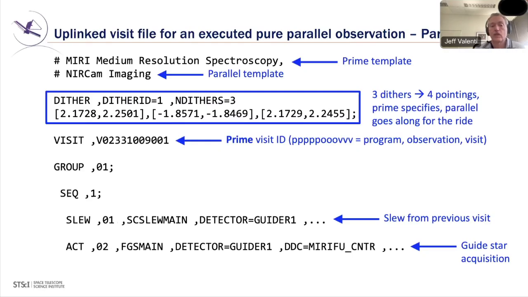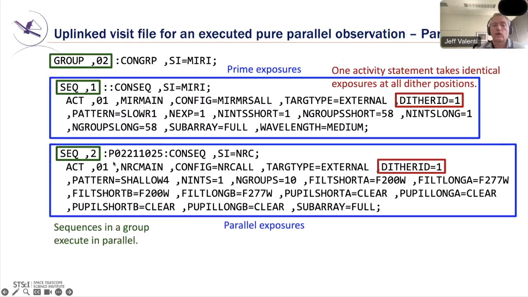All right. So here comes the fun part. Group 2, the main science instrument, the prime science instrument is MIRI. Sequence 1 is the specification of the MIRI prime observation. It says we're going to use MRS and the imager. We're going to use that dither pattern that we saw above, and we're going to use the slow R1 readout pattern.